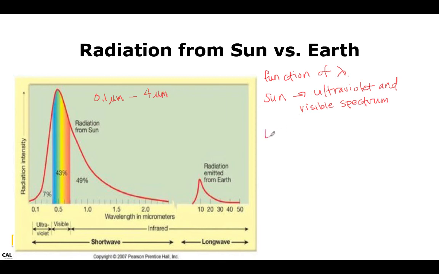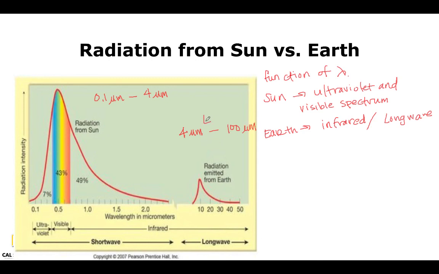And we have our Earth spectrum, which is all infrared, or long wave radiation, which ranges from approximately 4 micrometers to 100 micrometers.